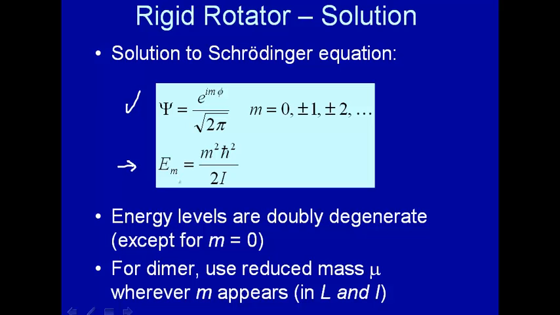E sub m is m squared h bar squared over 2I. So let's rewrite that. Energy of the mth state is equal to m squared h bar squared over 2I. Okay, so let's look at those energy levels. Let's look at the m equals 0 energy level.